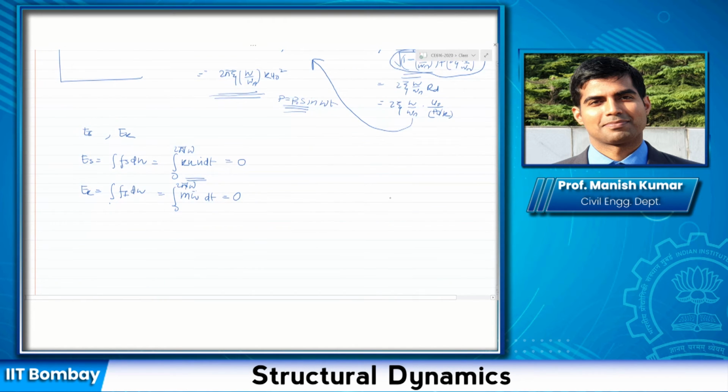If I draw it something like this, then over one cycle of the motion you do not see a change in energy. So the potential energy becomes 0 over the cycle, and the same goes for the kinetic energy. This is basically how the energy principle works during the steady state motion of a damped system.